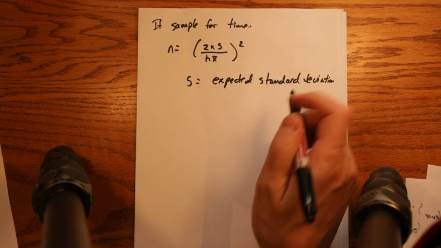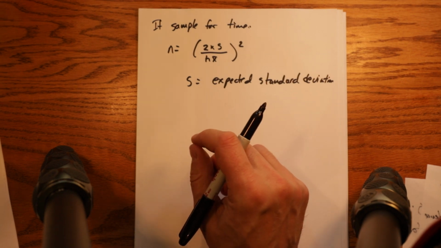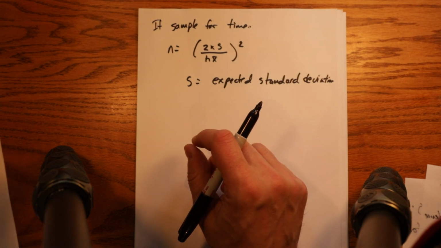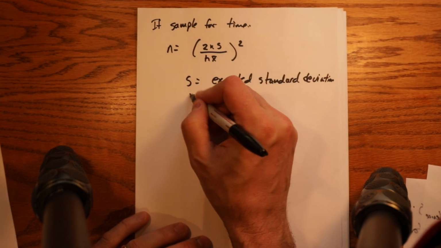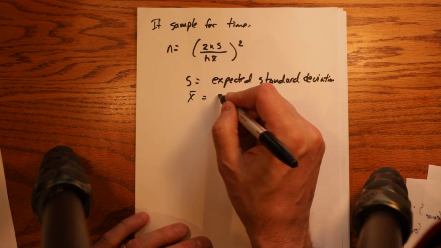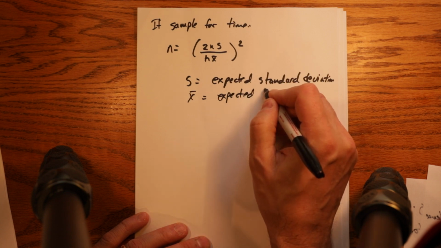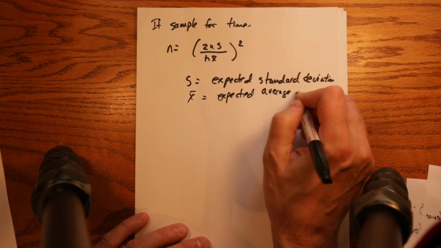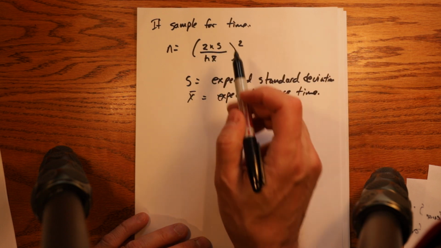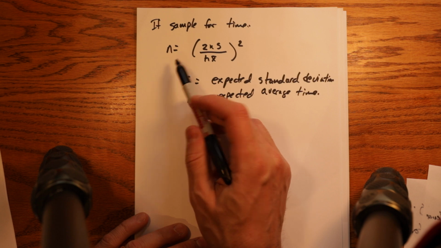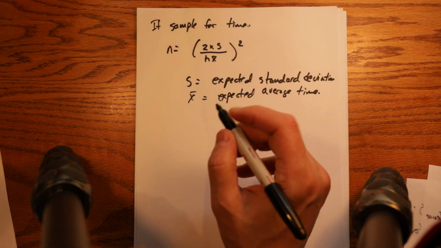In this case I would give it to you, but in the real case you might do some sampling, come up with a sample standard deviation, and then use it to do a statistically significant sample. X bar is the expected average time. And so the bigger S is, the bigger your sample is. So the more variable time is, the bigger your sample is.